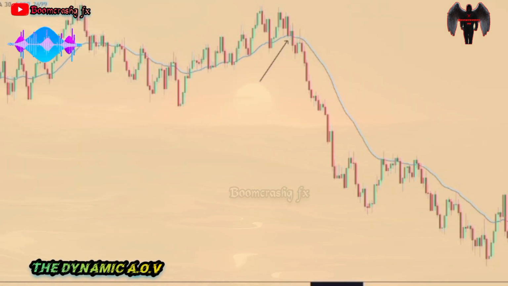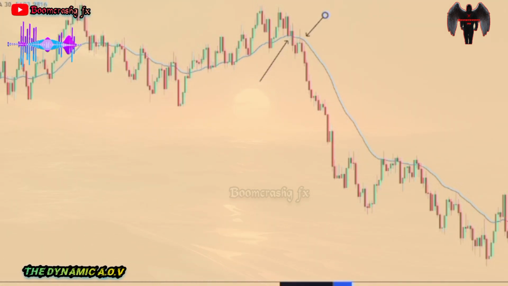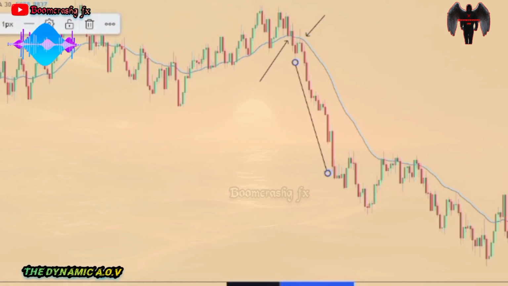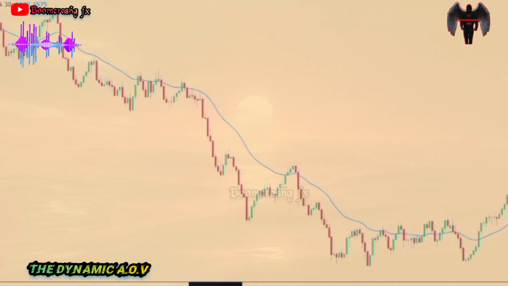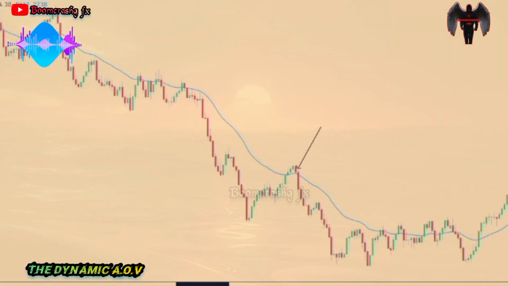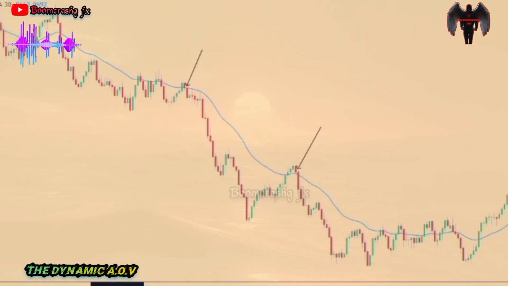And what do we have? We have the retest, and the price started falling, making that particular place a resistance. Also we have it here, we have the resistance out of the EMA.